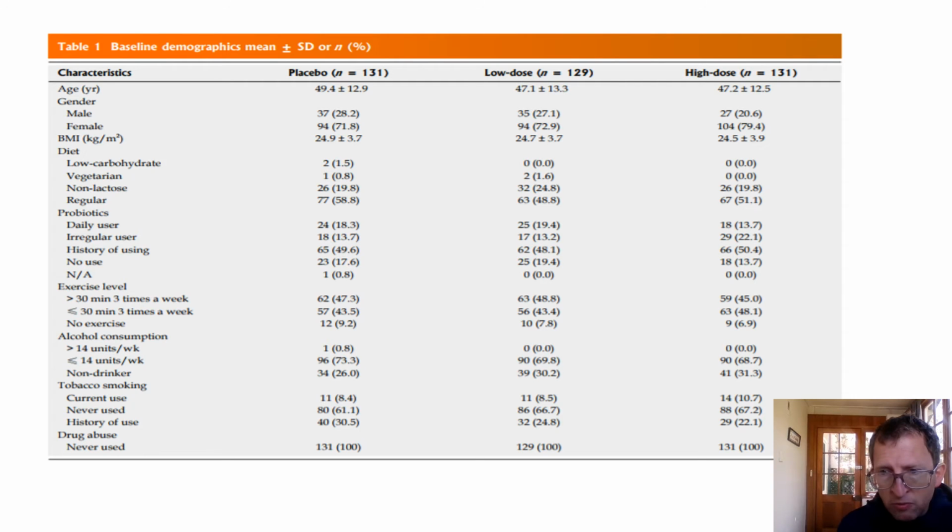So here's an example of a probiotic study, and we know that the typical population was late 40s, mostly female, mostly non-lactose or regular diets, previous probiotic users, some moderate exercise levels, not particularly heavy drinkers, and minimal smokers and so forth. So the idea is you're getting a real feel for how can I apply this to a patient.